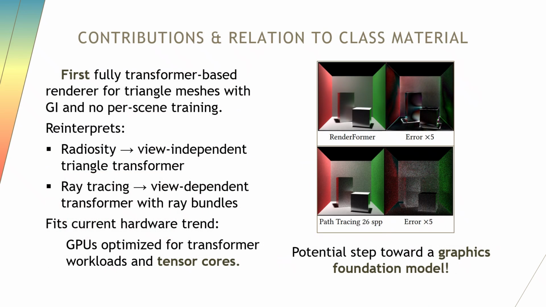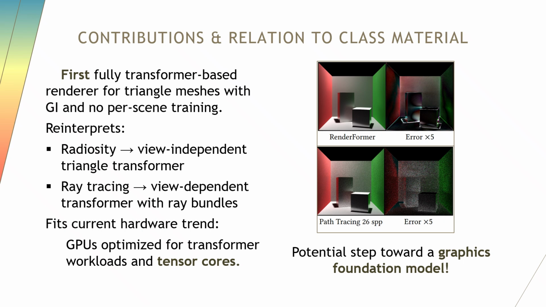In my opinion, the main contribution right now is conceptual. It shows that we can take a traditional triangle mesh scene with the same kind of inputs used for rasterization and ray tracing and feed it to a pure transformer model that outputs a global illumination image without any per-scene training. It bridges ideas like radiosity and ray tracing, but re-implements them in a fully learned attention-based form.